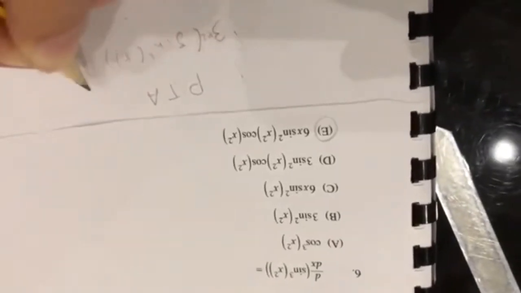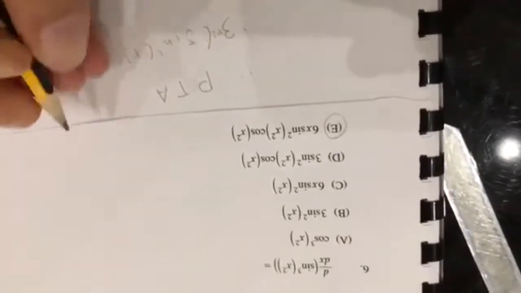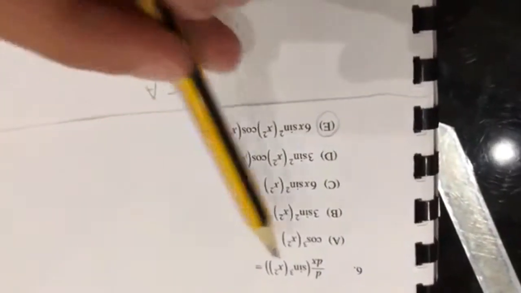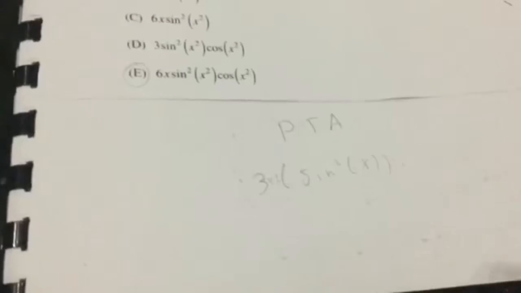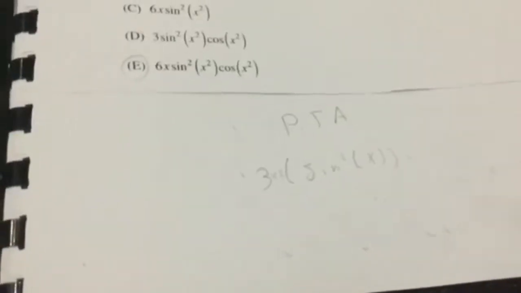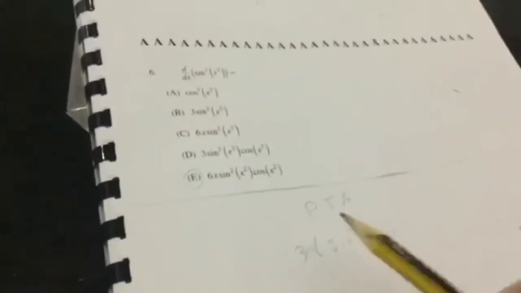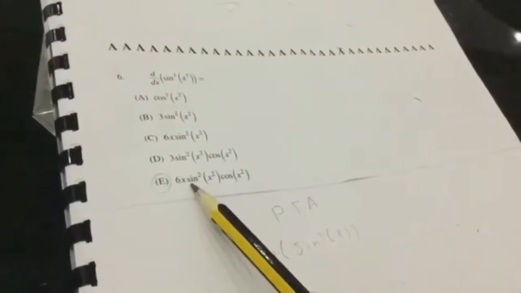Then for the trigonometric function, what is the derivative of sine? So after we find this one, we will do the trigonometric part.